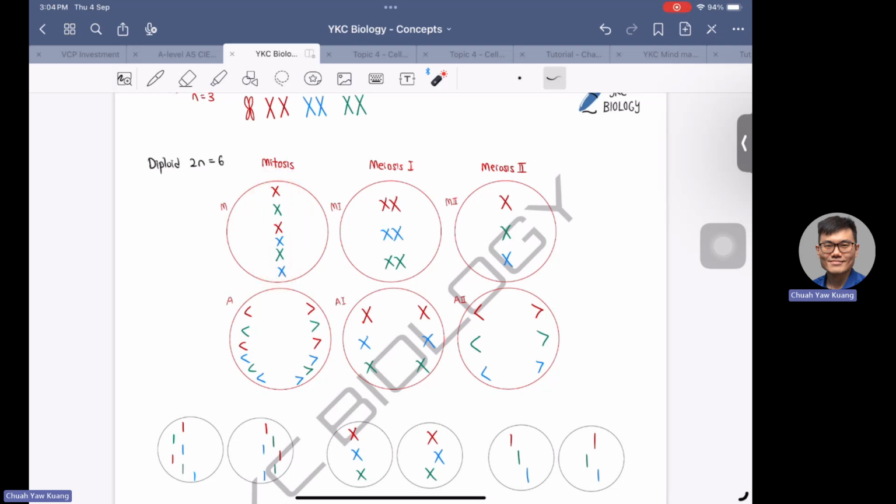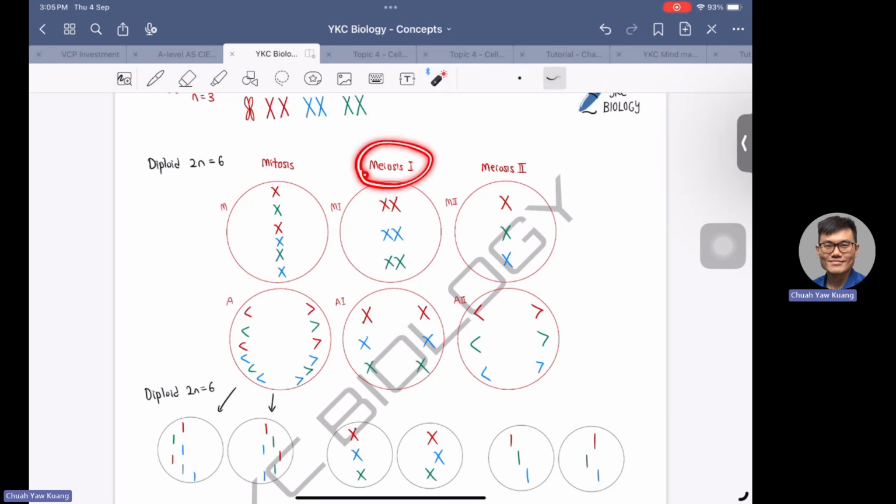During anaphase, the sister chromatids of each chromosome are separated. So each of the daughter cells will still receive 6 chromosomes. The daughter cell is still a diploid cell, each having 6 chromosomes.